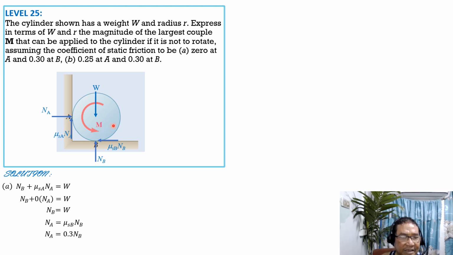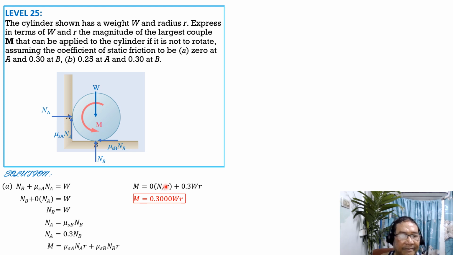Then M equals mu sub SA N sub A times R plus mu sub SB N sub B times R. Take note that mu sub SA is 0. So M equals 0 plus mu sub SB, 0.3, times N sub B, which is W, times R. So the moment is equal to 0.3 WR, or 0.3000 WR to 4 significant figures.